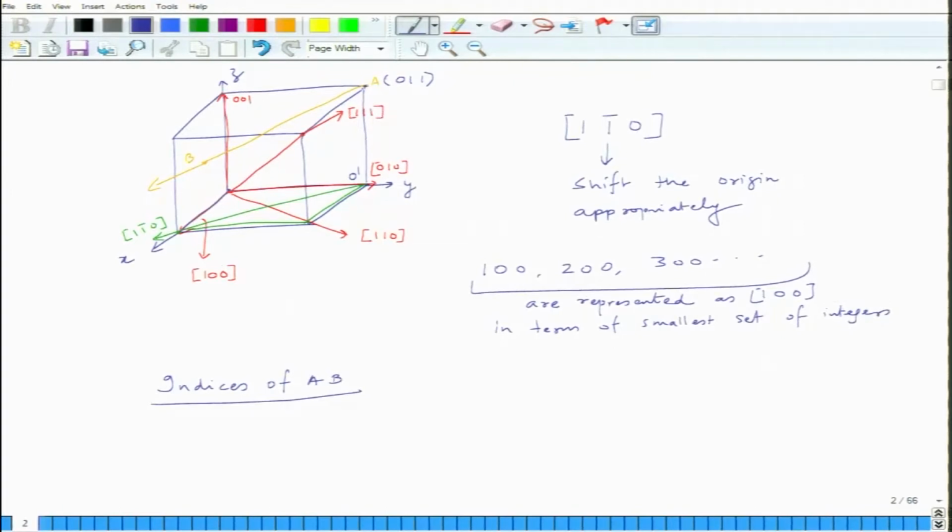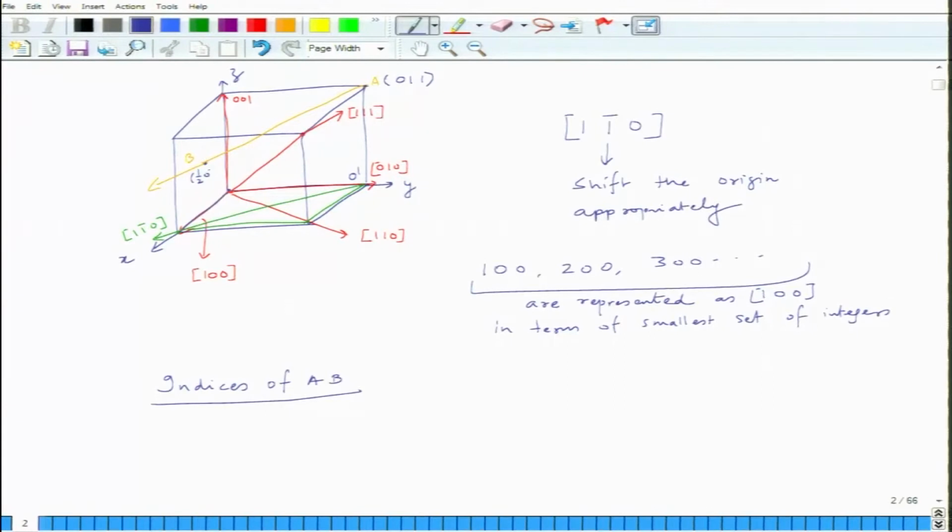When you work out the coordinates of a point, you always work out with respect to the main origin, which is the common origin, this is O. So this is 0 0 0 to 0 1 1, and what is the coordinate of this point, the one in the center? This is half of x and half of z.